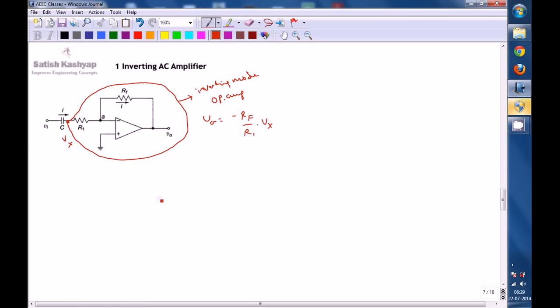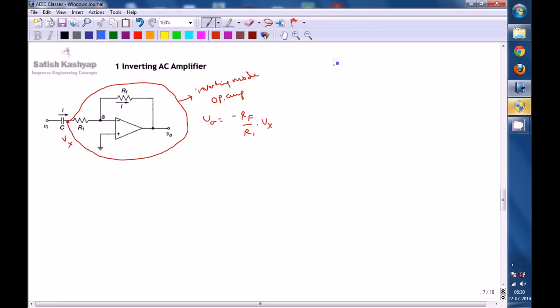This is the gain equation, where Vx is the voltage from that node towards ground. Because the op amp has infinite gain, the virtual short concept arises. That implies the voltages at the inverting and non-inverting terminals are the same.